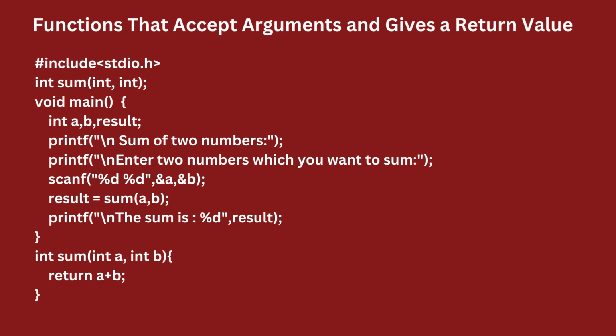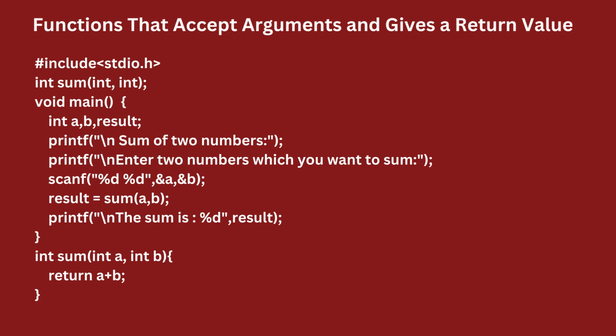So the main difference: we have created one additional variable, result, and store the return value in result. And what is the difference in the definition? In the definition, we need to return a single value to the calling function.